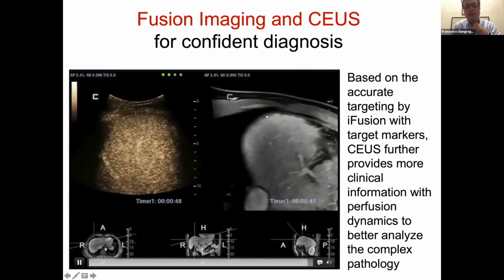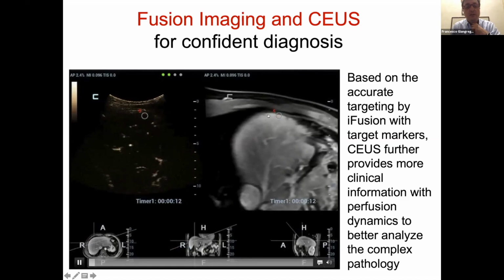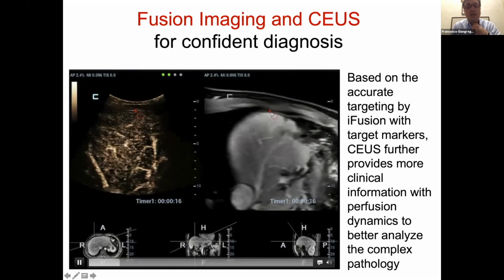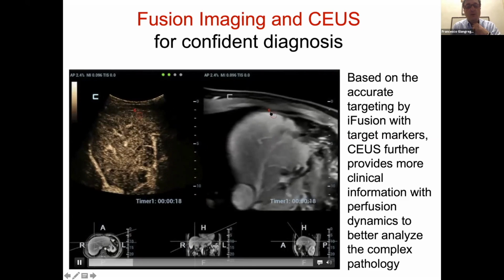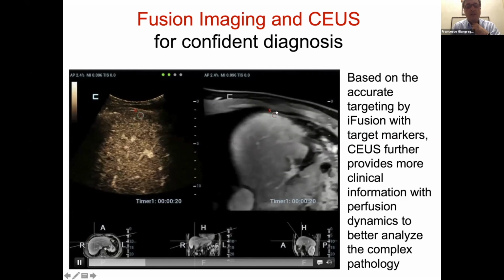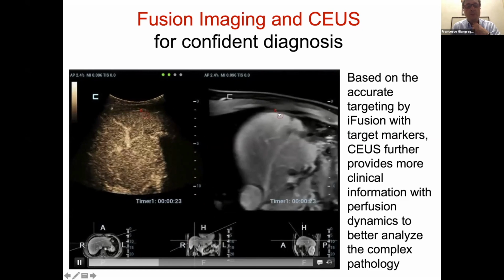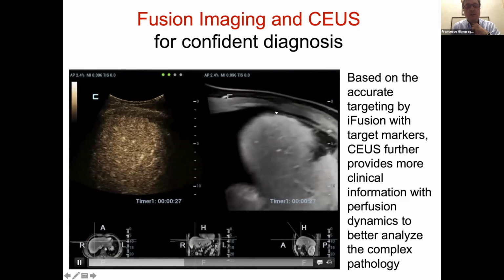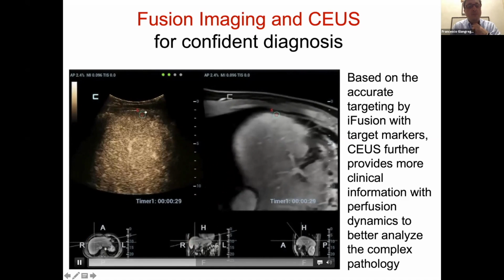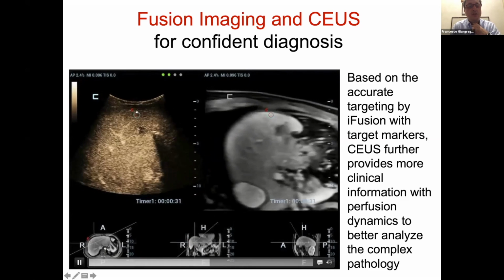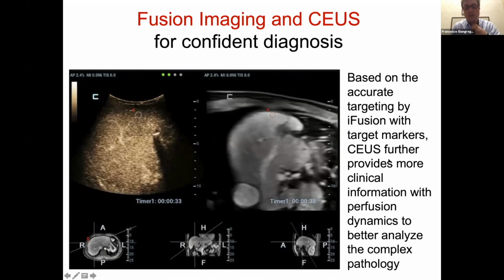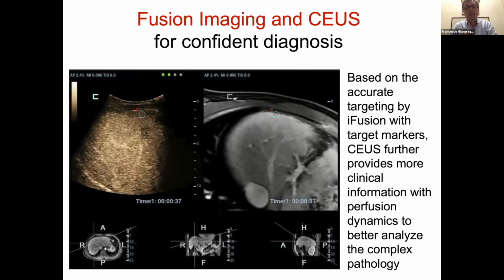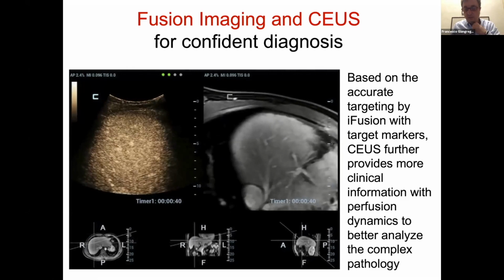In this case, the guiding image is an MRI, and you can see here also some markers that give you the precise idea of where the lesion is in the MRI and the corresponding position of the lesion on contrast enhanced US. And this is very important in several cases, like you can see after.